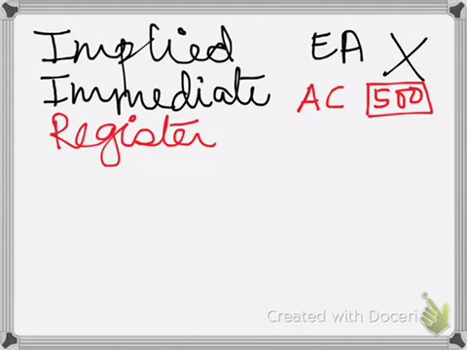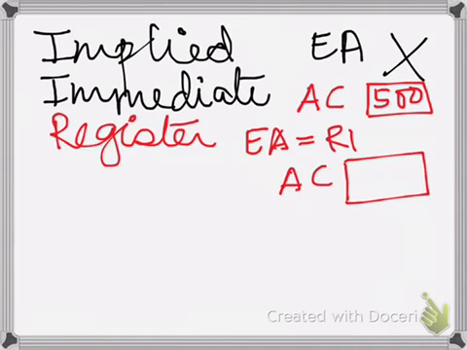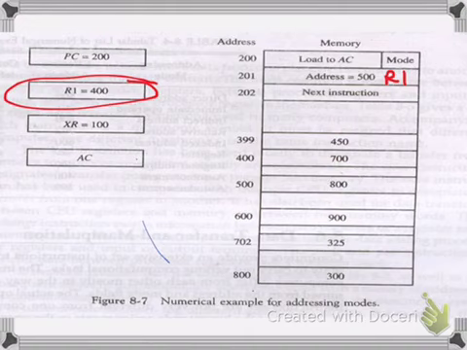The effective address is R1, and the accumulator will hold the contents of R1, which is 400. So the contents of R1 is 400. This is if it is in the register mode. Instead of 500 here, it will hold the address of R1.